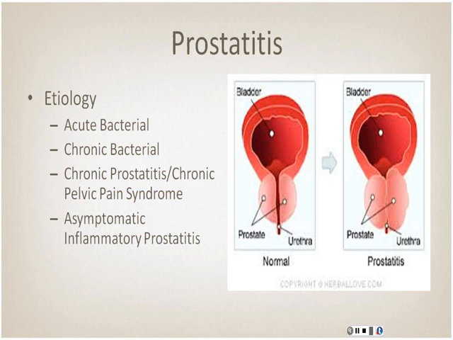Prostatitis is an inflammation of the prostate gland, which can happen anytime after puberty. It can be either an acute problem or a chronic problem. There are 4 different types of prostatitis: acute bacterial or chronic bacterial, and then there's chronic prostatitis or chronic pelvic pain syndrome, and then there's an asymptomatic type of prostatitis as well, which is an inflammatory prostatitis.